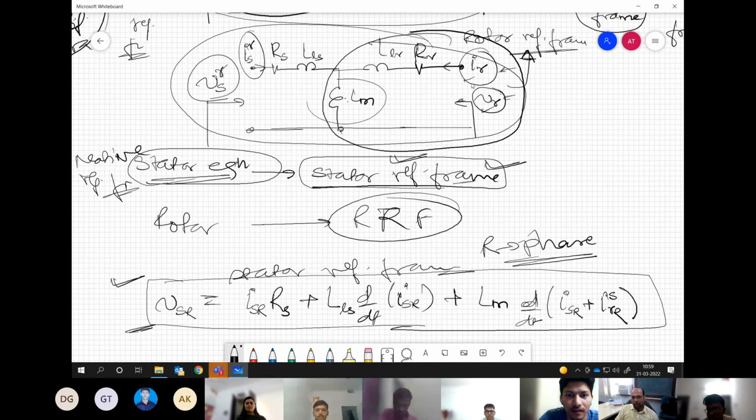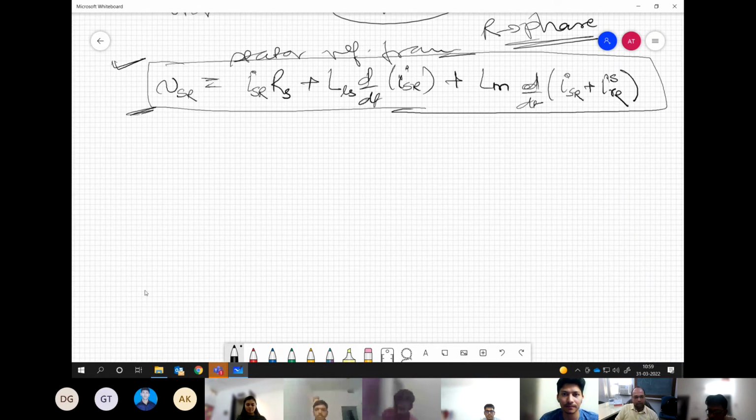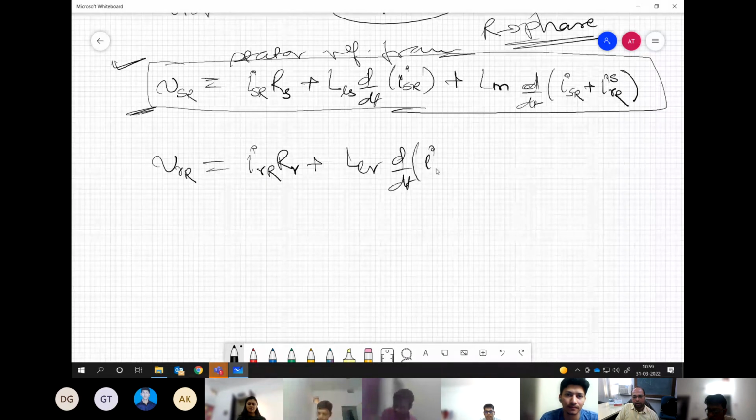So which means that we are referring to this circuit where we have VR, IR written as it is without any superscript. So what I will have, VR, say I'm talking about R phase, IRR, RR plus LLR d/dt of IRR plus LM d/dt.